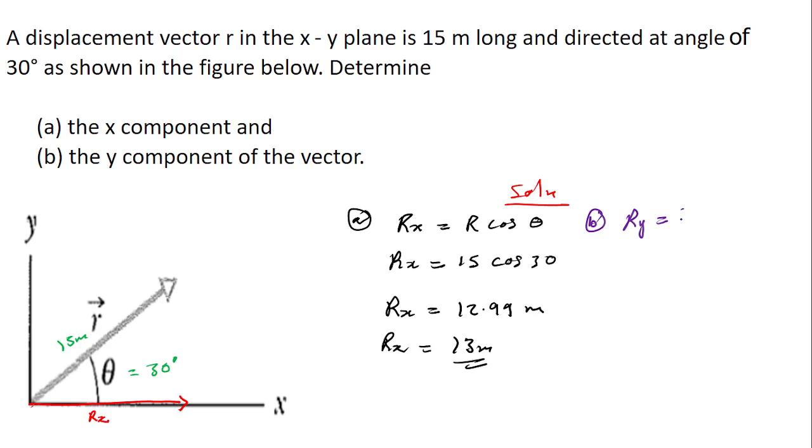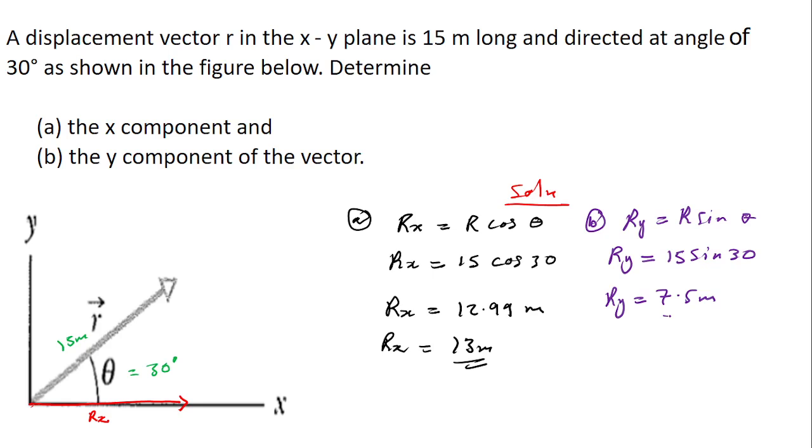So ry is equal to 15 sin 30. What are you having when you plug in that? 7.5 meters. So our ry is simply 7.5 meters.